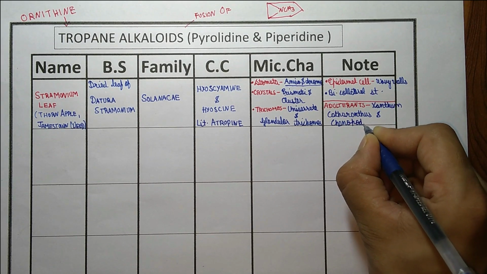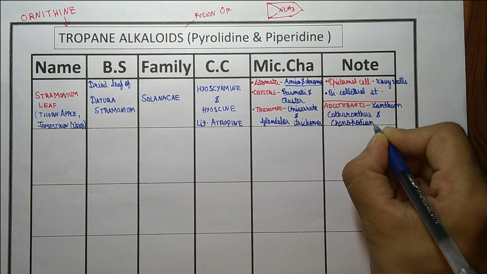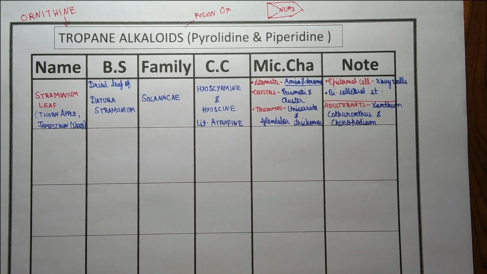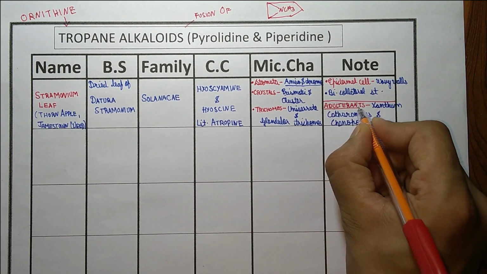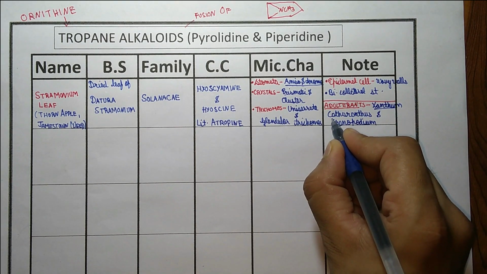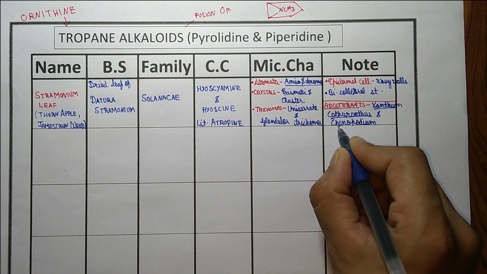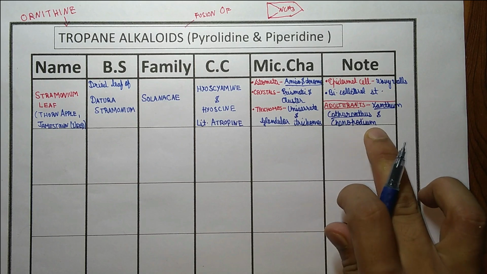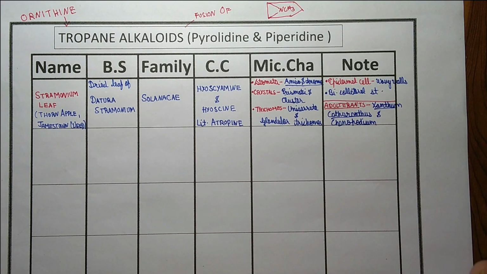Means, students, there are three adulterants used in this. First one is Xanthium, second is Catharanthus, and third one is Chenopodium.